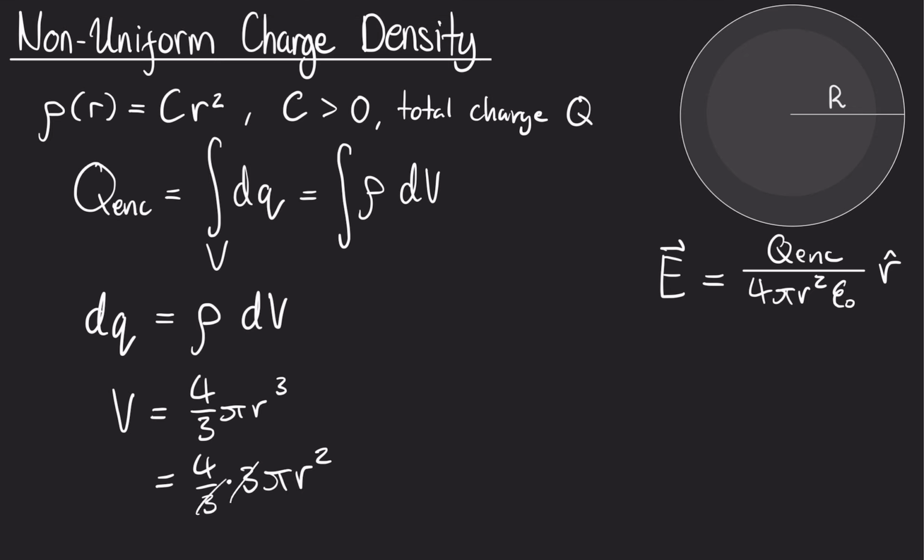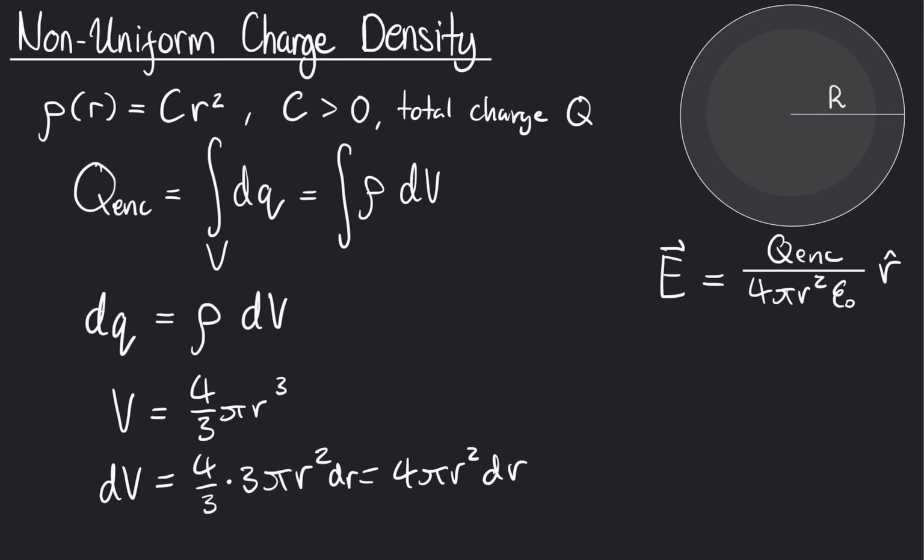And of course the 3's cancel, and so we're left with 4 pi r squared. And we can also include a dr here if we're being precise, which we should be. So I'm going to include a dr here. And since we've differentiated the right, we can differentiate the left and keep it as dv.